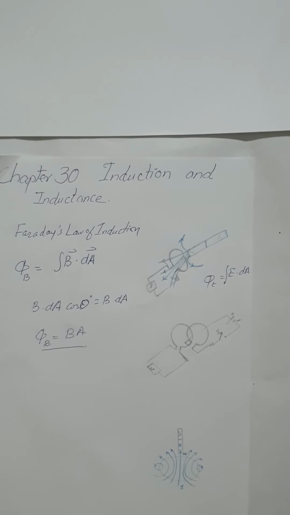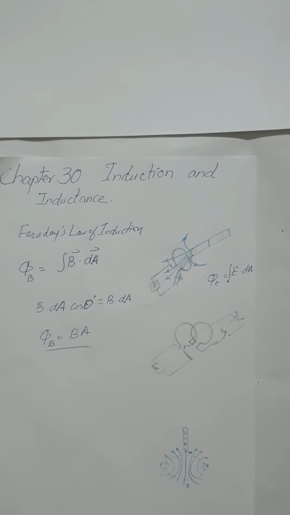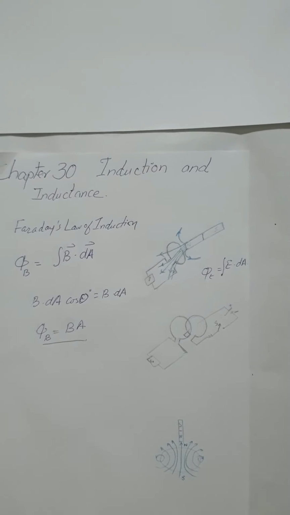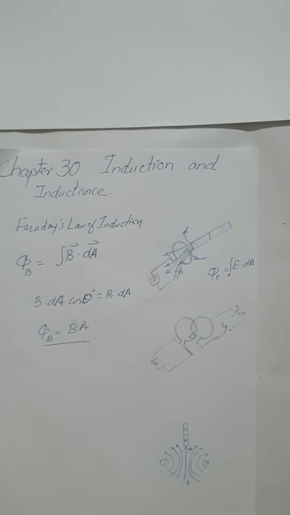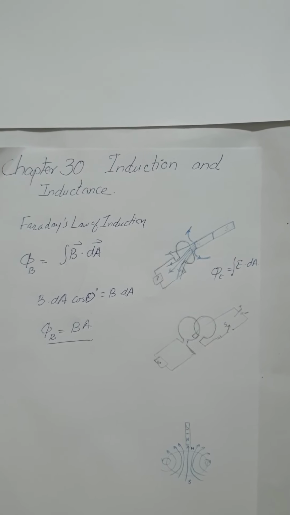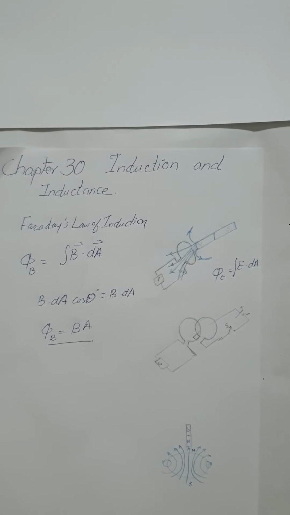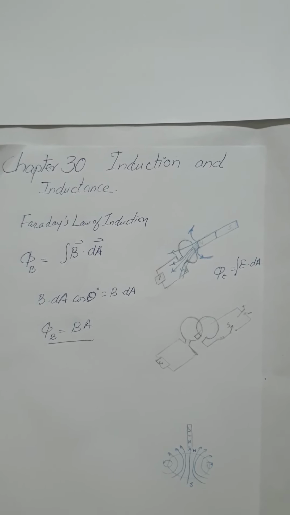So with the notion of magnetic flux, we can state Faraday's law in a more quantitative and useful way, and we can say that the magnitude of the EMF induced in a conducting loop is equal to the rate at which the magnetic flux phi B through the loop changes with time.